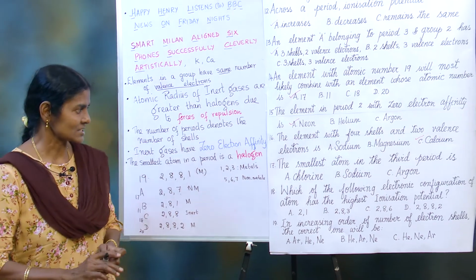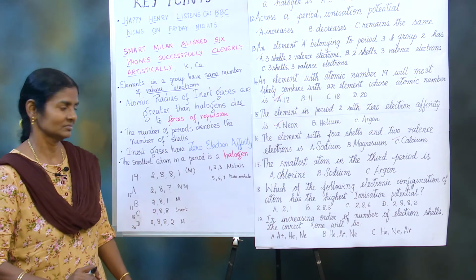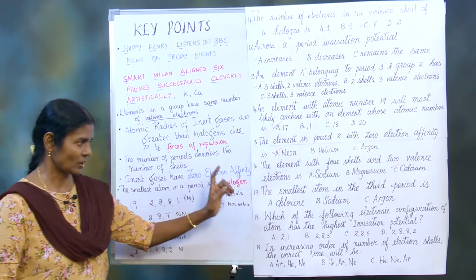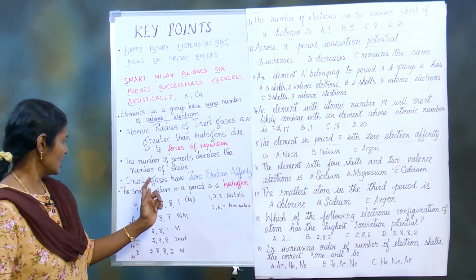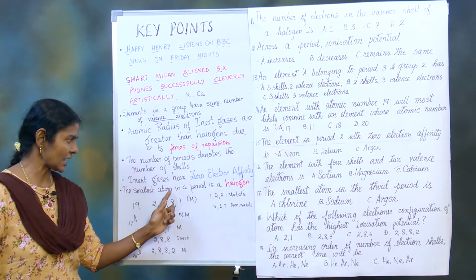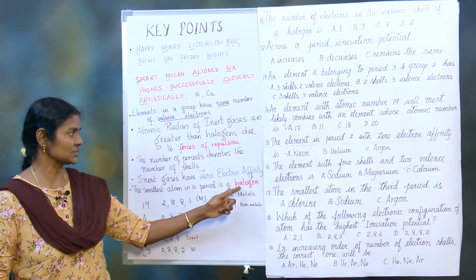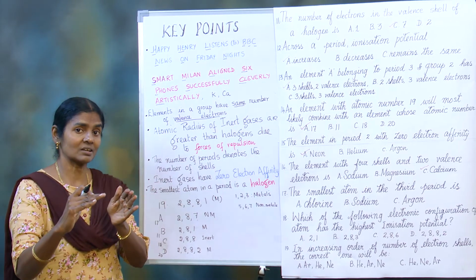Okay. Next, the smallest atom in the third period. You have 3 options. You have chlorine, you have sodium, you have argon. Now here, what does this say? The smallest atom in a period is a halogen. Why? Actually, atomic radius will decrease, right?